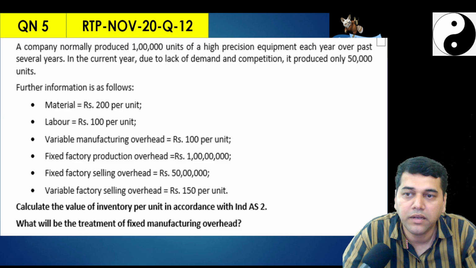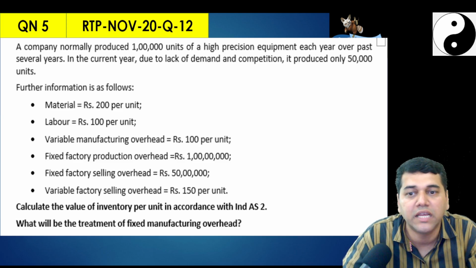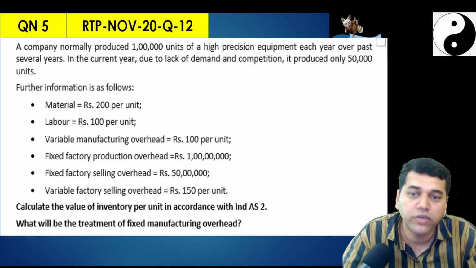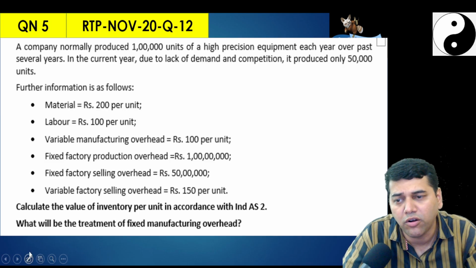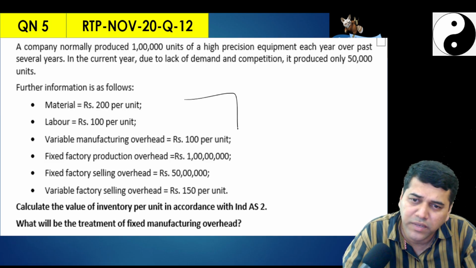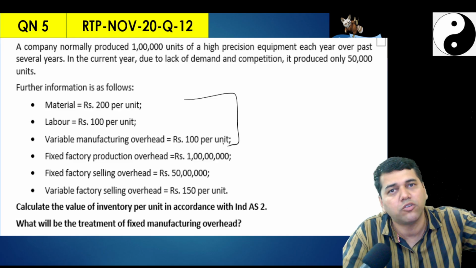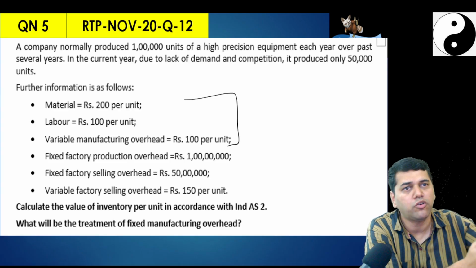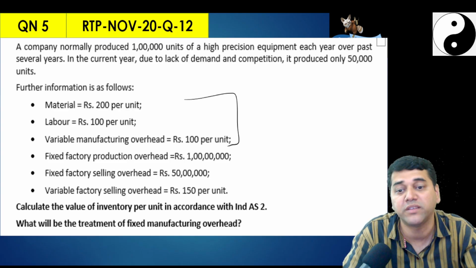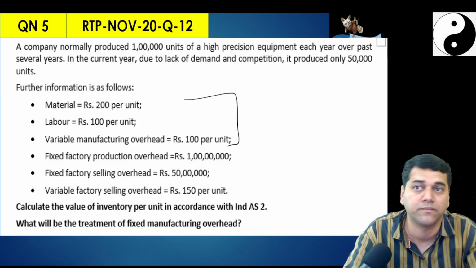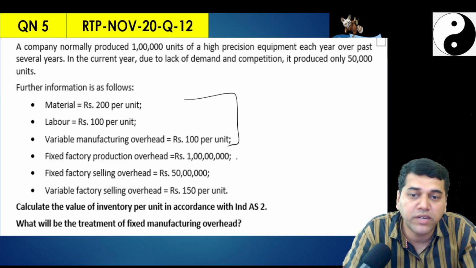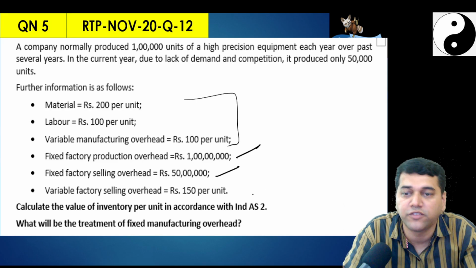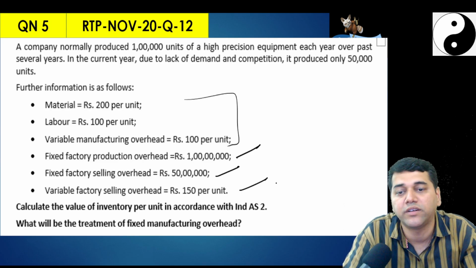Now the material is given per unit, labor is given per unit, fixed overhead is given per unit. When they give you all this per unit, you explain in per unit only. If they give you all in cost, you explain your way. You can convert variable into total or absolute amount, or do it on a per unit basis, unless they tell you specifically. Now fixed overheads is 1 crore, selling overheads is 50, variable selling overheads is 150.